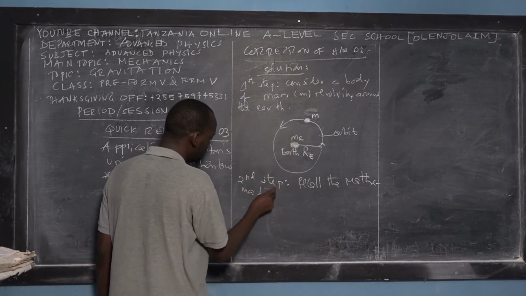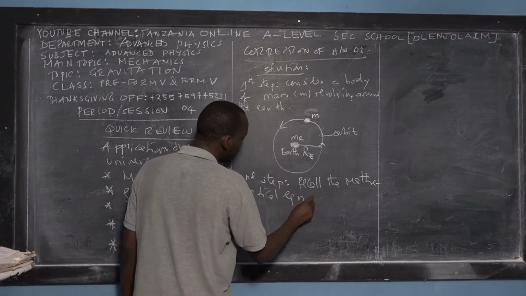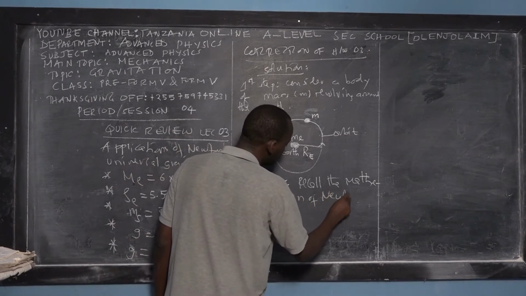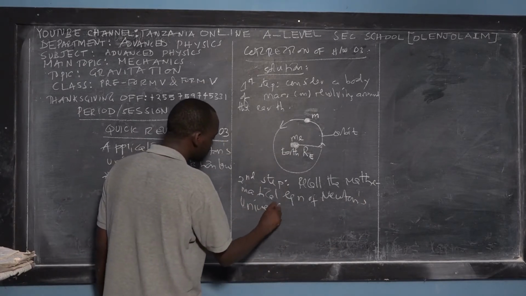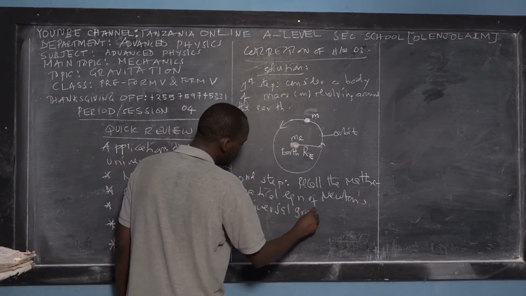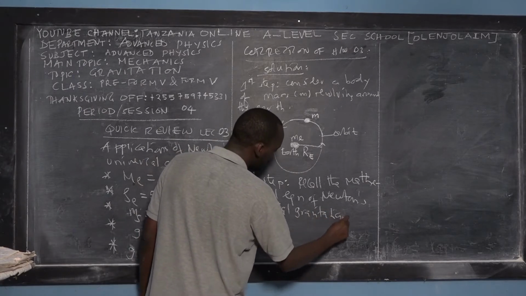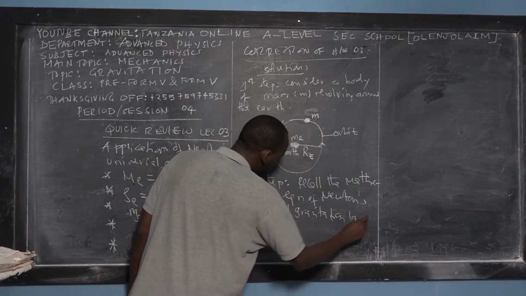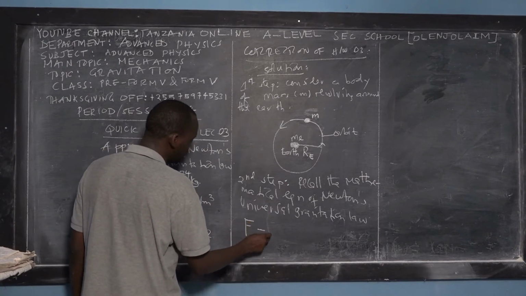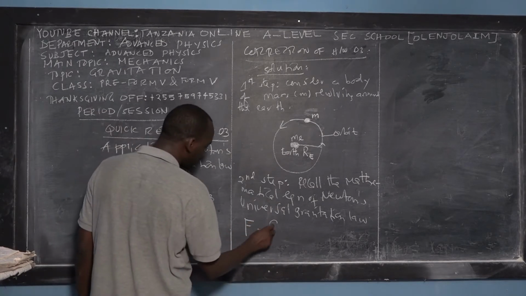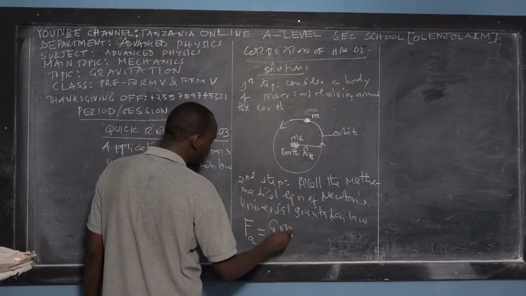mathematical equation of Newton's universal gravitational law. And that formula is saying that the force of attraction between two bodies in the universe is directly proportional to the product of their masses.